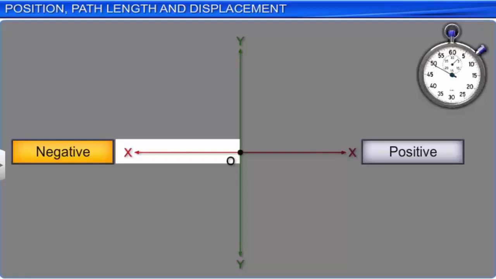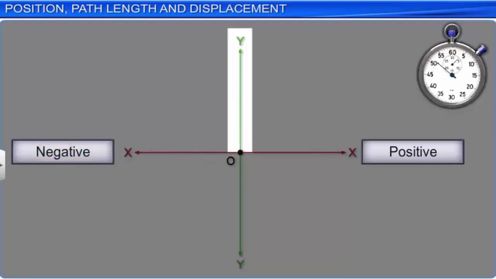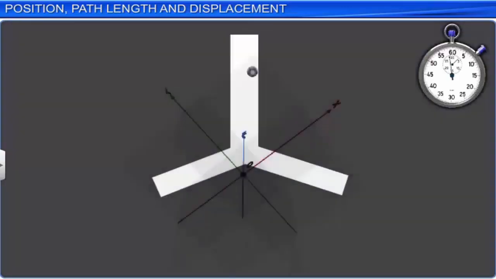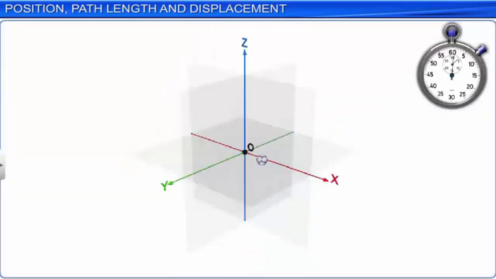Positions above O are taken as positive, and below O as negative. With time, the position of the body changes and describes a path.